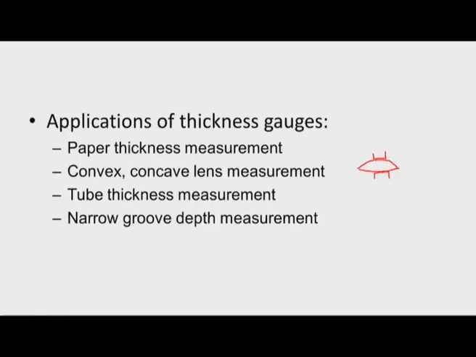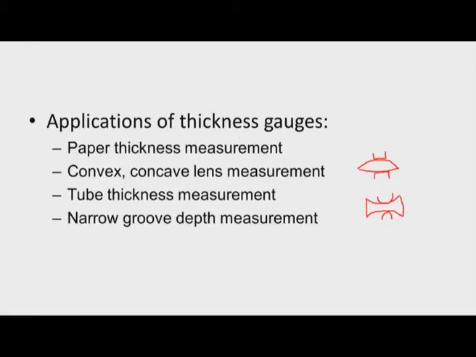But when we want to measure a concave lens, say we have a concave lens like this, in that case we cannot use the flat anvil and flat plunger, so there will be error. So, spherical or ball type plungers and ball type anvils are available. Such things can be used.